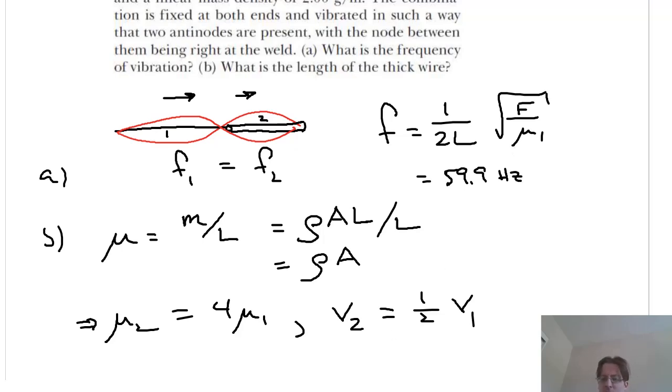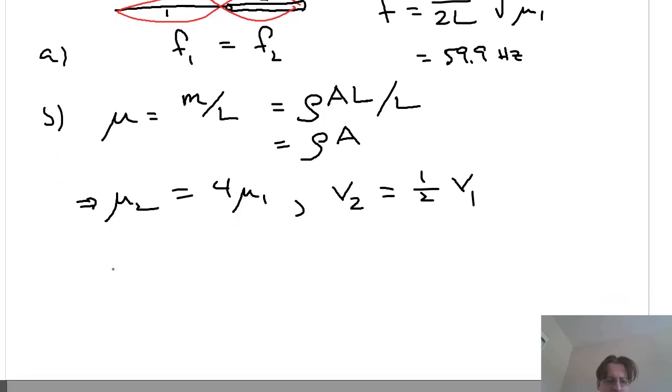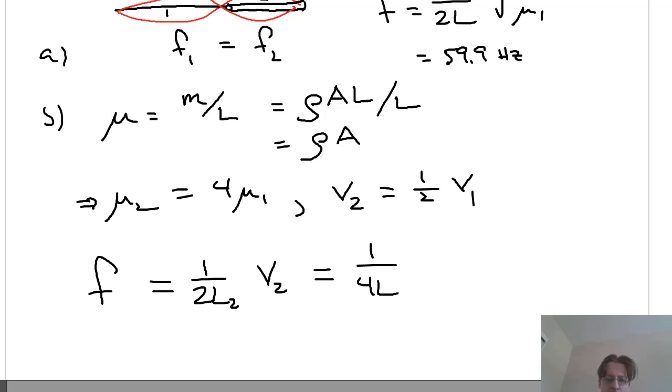That lets me figure out the length, because I know that the frequency is the same on both. The frequency is 1 over 2L2 times v2, and I know that v2 is half v1, so this comes out to be 1 over 4L2 times v1.